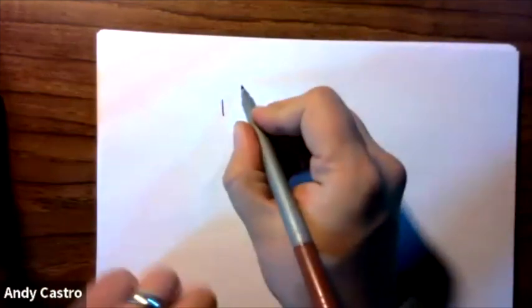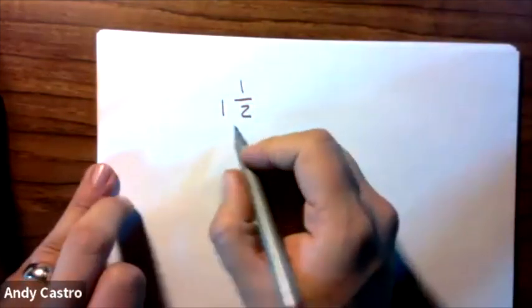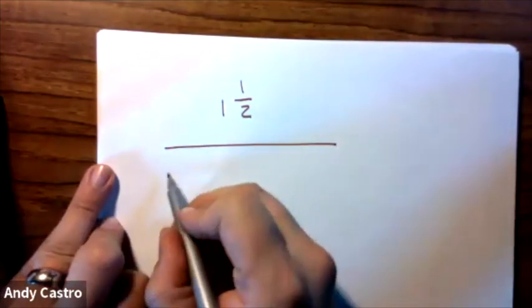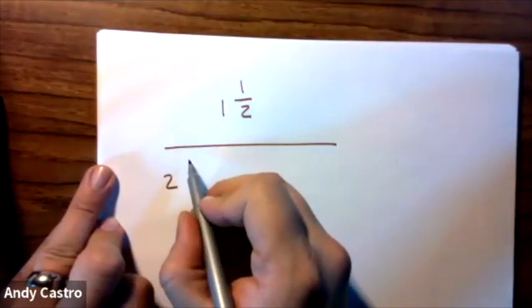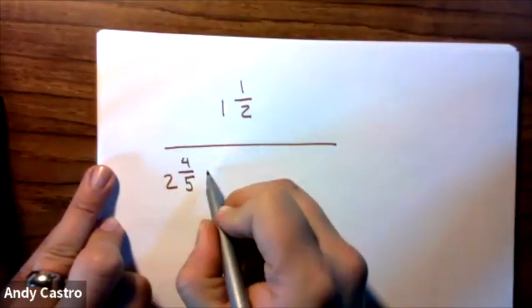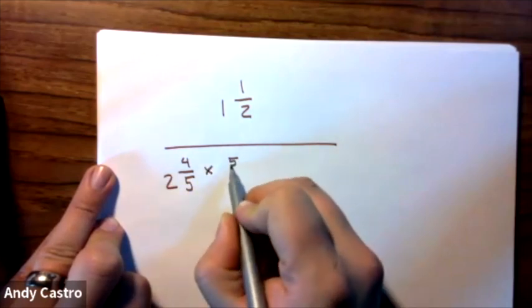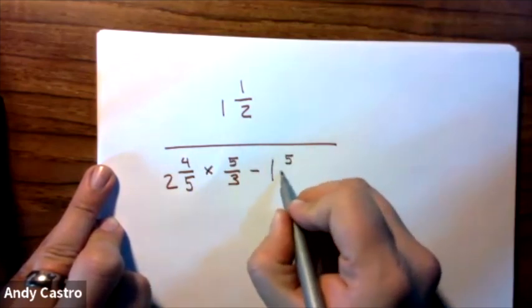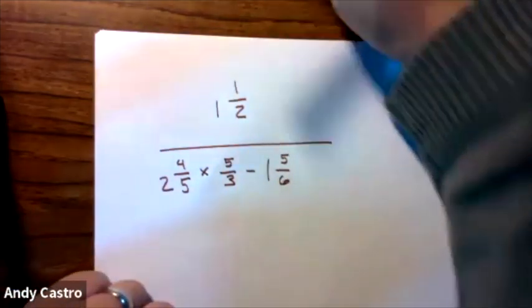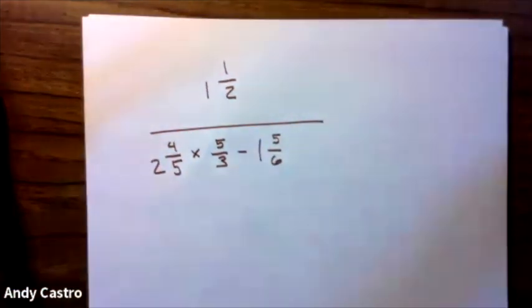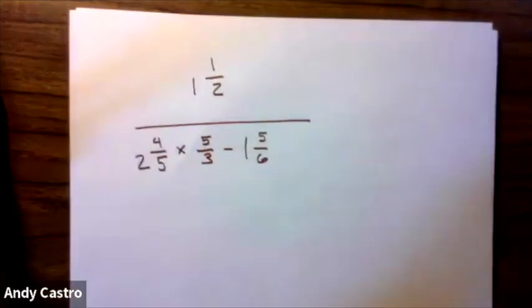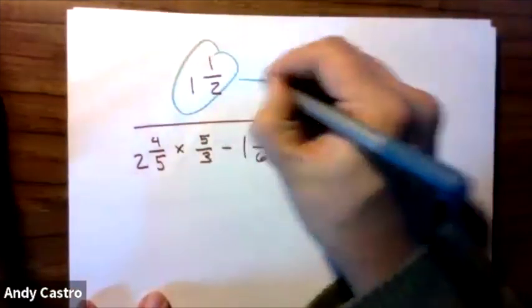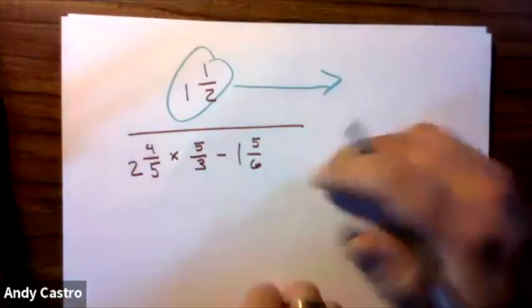All right, so we're going to do 1½ divided by 2 4/5 times 5/3 minus 1 5/6. All right, so first things first, and I'll demonstrate this with this one right here.